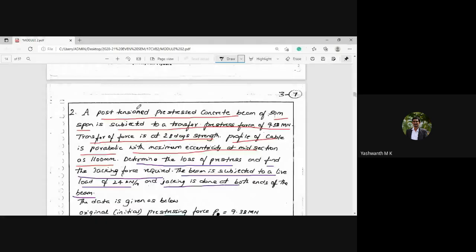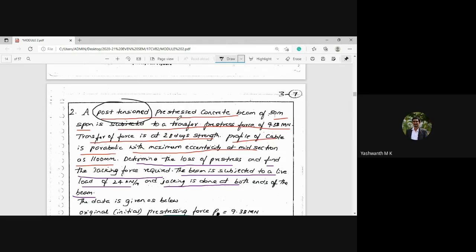As I stated, the very first thing we need to observe here is the type of beam. It is a post-tension pre-stressed concrete beam. So please note this point. That means apart from the four losses, that is elastic deformation, shrinkage, creep, and relaxation loss, two more losses will come into the picture.